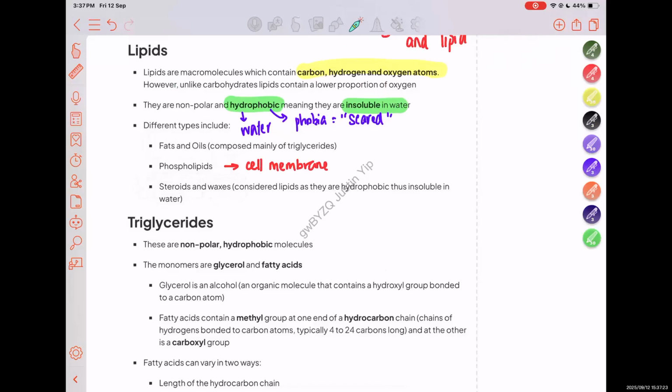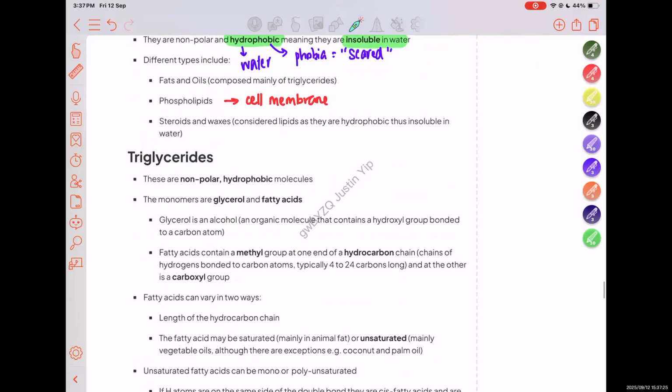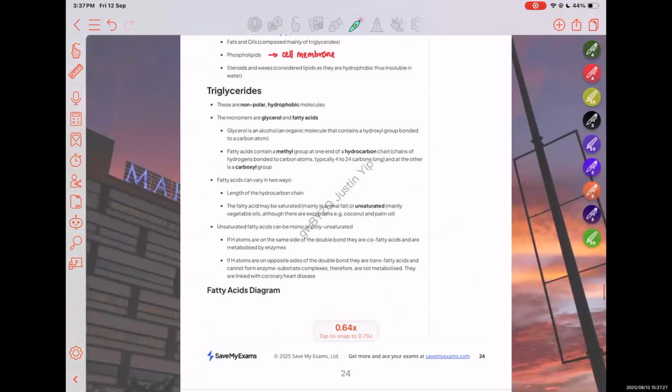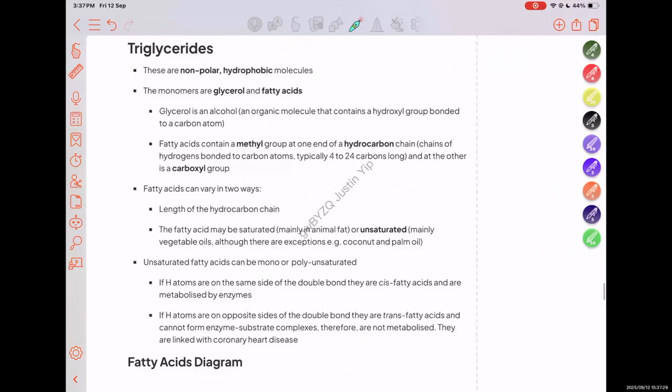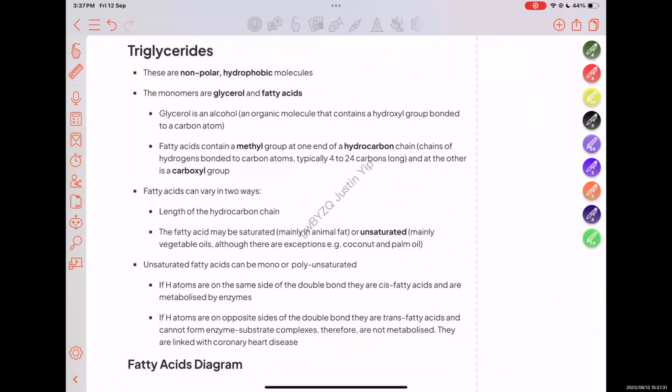And then the first one we will have is triglyceride. Triglycerides are actually non-polar, hydrophobic. Non-polar often comes with hydrophobic, while polar is actually hydrophilic.